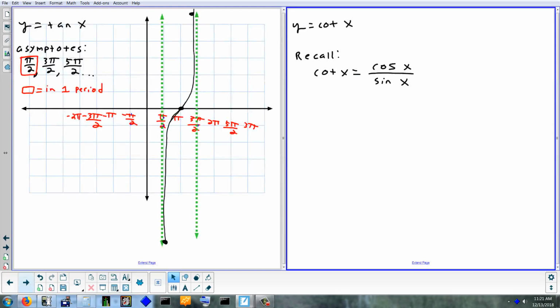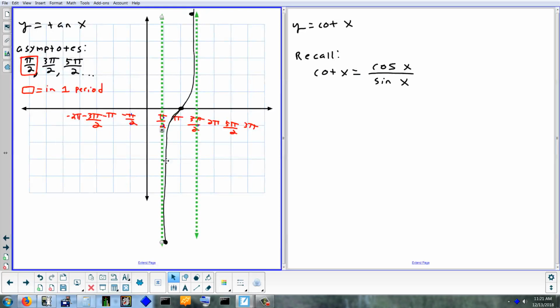So cotangent, I'm not going to go through it in as much detail, but it's like everything is flipped. When you look at cotangent, it's cosine over sine. So now, wherever you had an asymptote in tangent, that's going to become a what in cotangent? Yep. A 0. So whatever an asymptote was in tangent, that's going to become a 0 in cotangent.